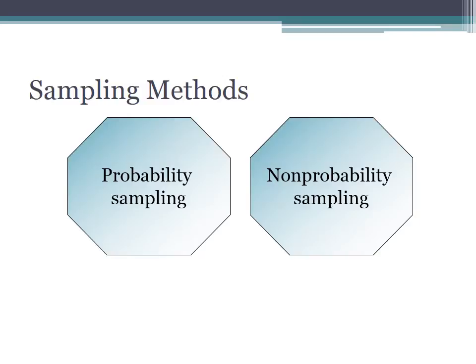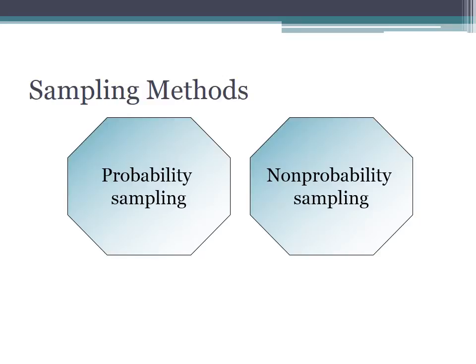So if we were to randomly select 5 students from UK's population, and let's say the population is 28,000 students, that would be a known probability. That would be probability sampling. We know the probability, we could calculate the probability of being randomly selected to be in that sample. However, if the researcher just decided that they needed to survey John, Tom, and Bob, well, that's non-probability.